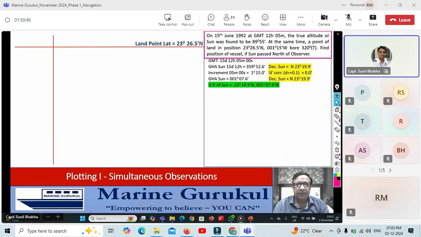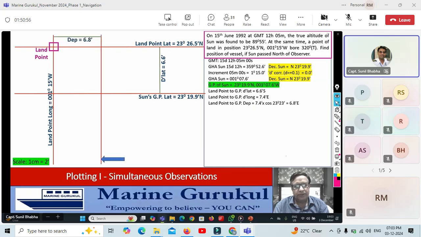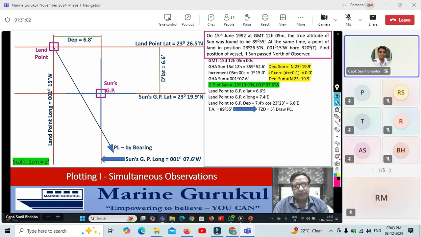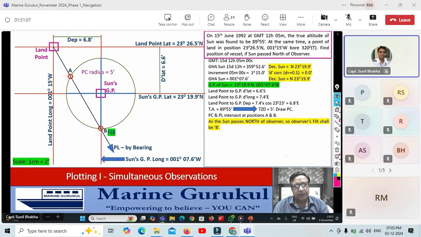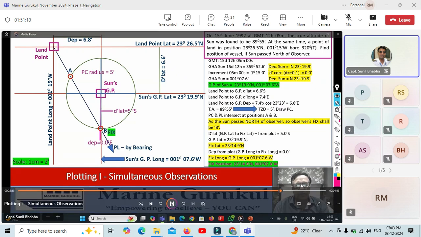If you have to plot it on the plane sheet, the steps are an exact repeat, the difference being that instead of a graph, the plot is being carried out on a plane sheet and the plot shall appear the way it's coming up. We have positions A and B coming up. Then we have the fix also identified now. And it takes us to the position of the vessel. And this is how the plot shall appear if you do not have access to graph paper.